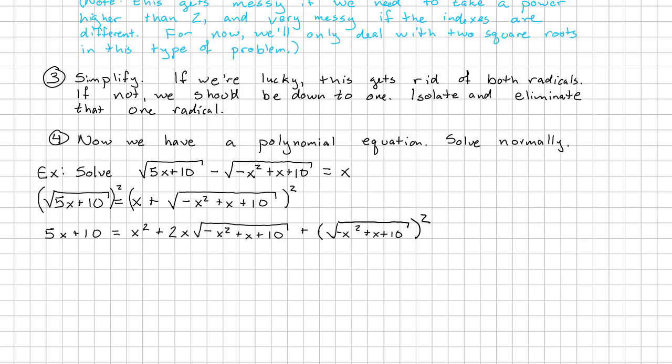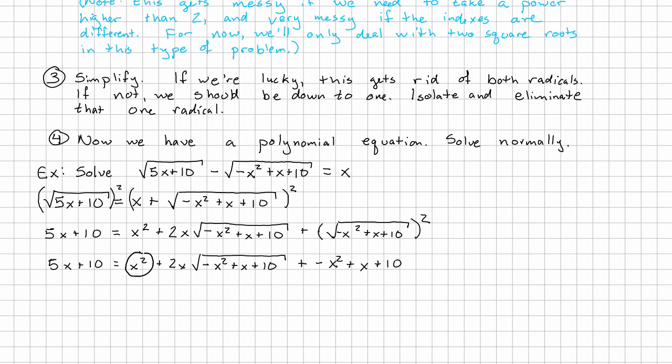Then the squared and the square root cancel out. So 5x plus 10 equals x squared plus 2x times this square root plus negative x squared plus x plus 10. I notice something nice happens when I combine my like terms.